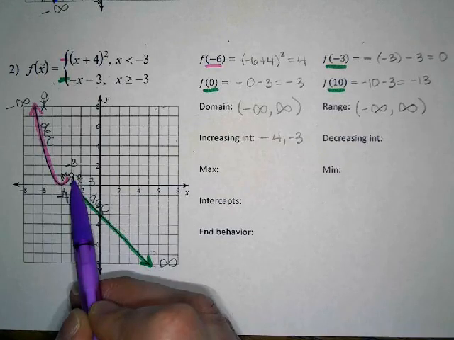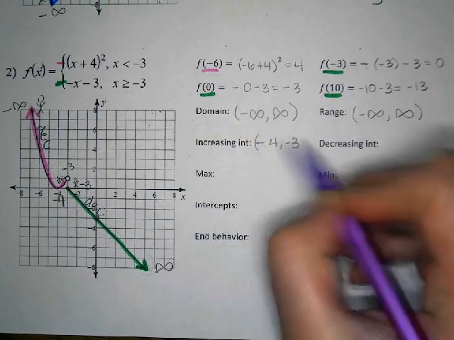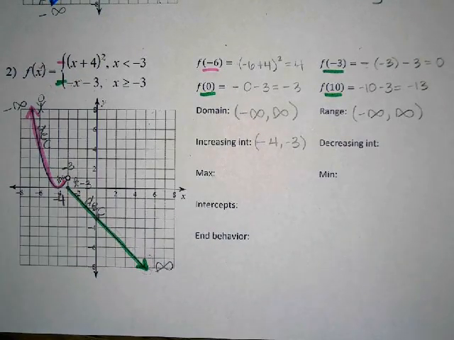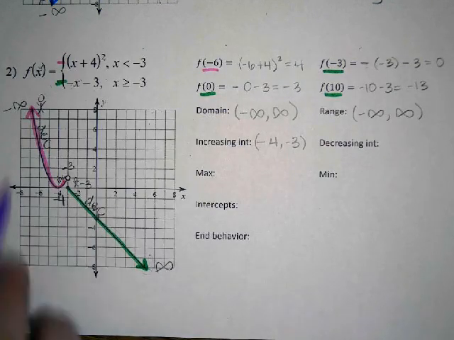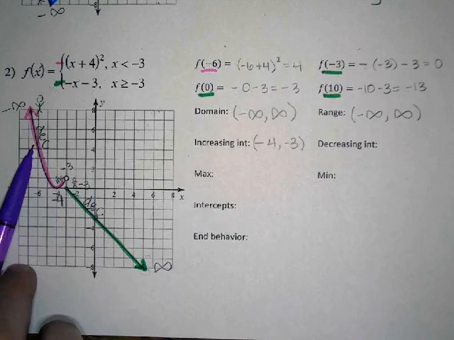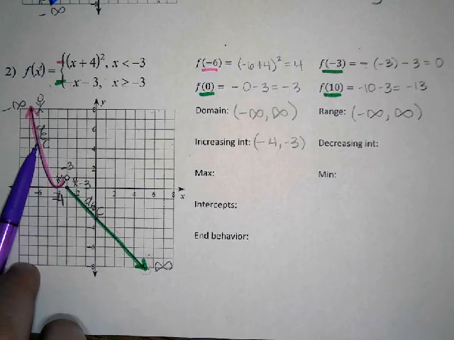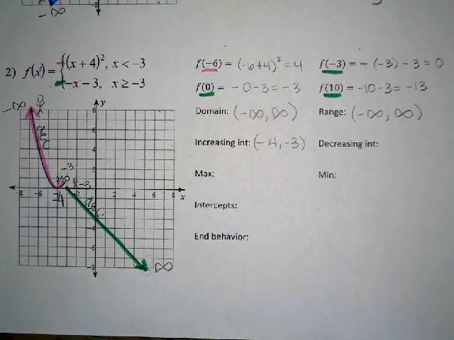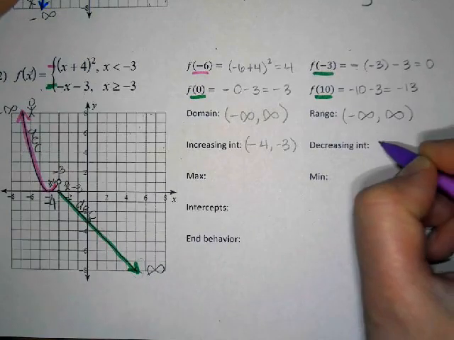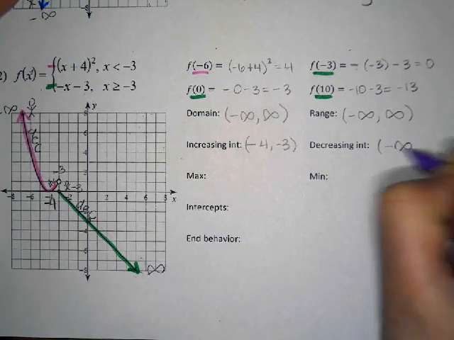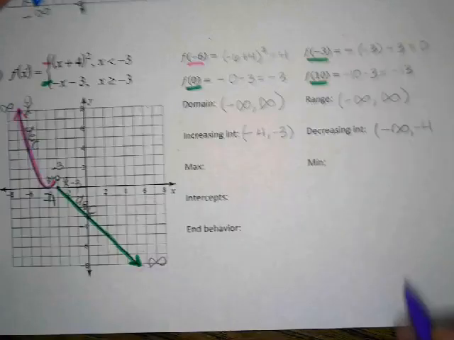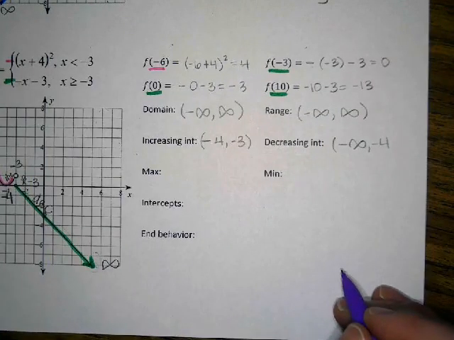Okay, so parenthesis on both of those. Decreasing, we're going to have two answers. We always do the left one first. So what is the first decreasing answer? Okay, so negative infinity, -4, parenthesis or bracket on the -4? Parenthesis. So that -4 is in between increasing and decreasing.